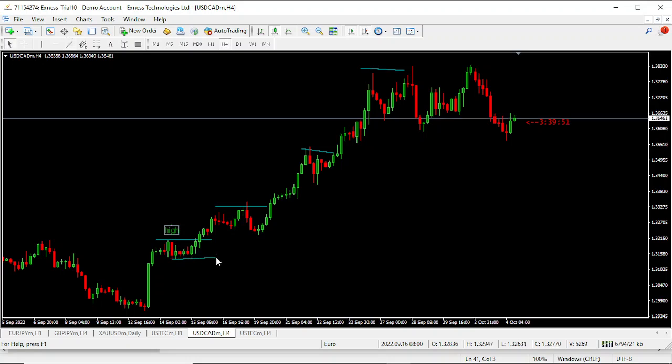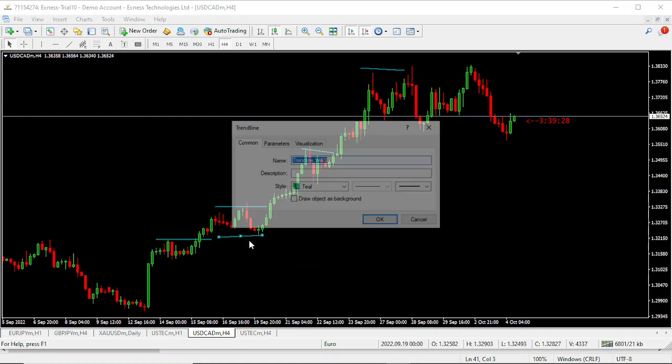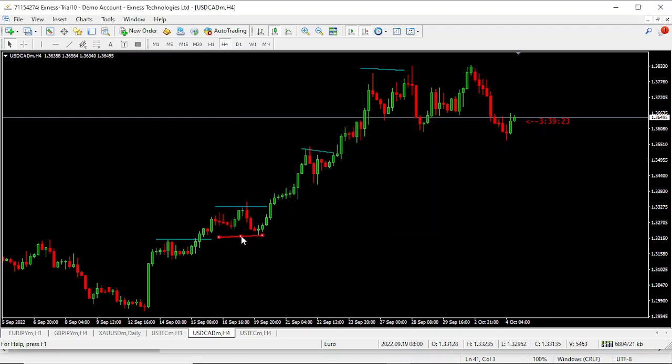Over here we have our lows. Just want to change the color of this so you can see which is which. There we have our lows.